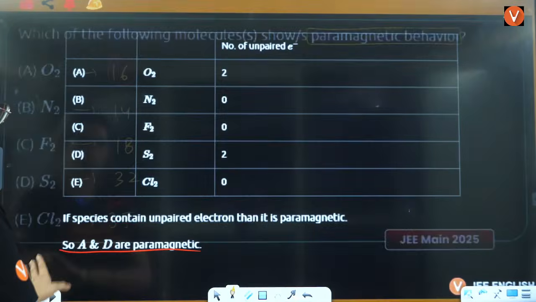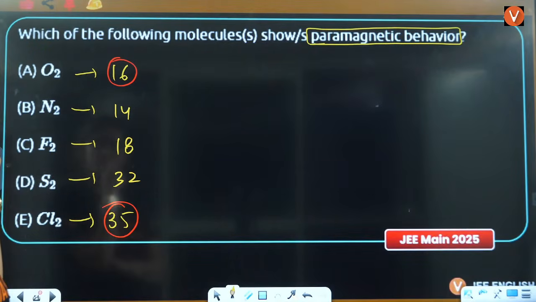Wait a minute. Sulfur has how many electrons? Let me see that. 16 to 32, right?